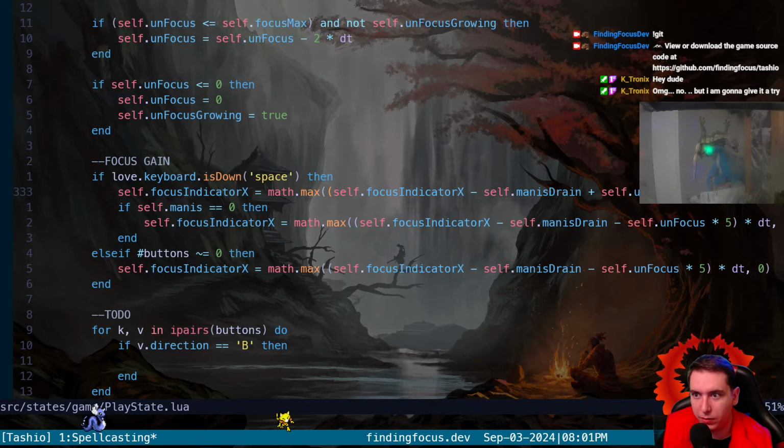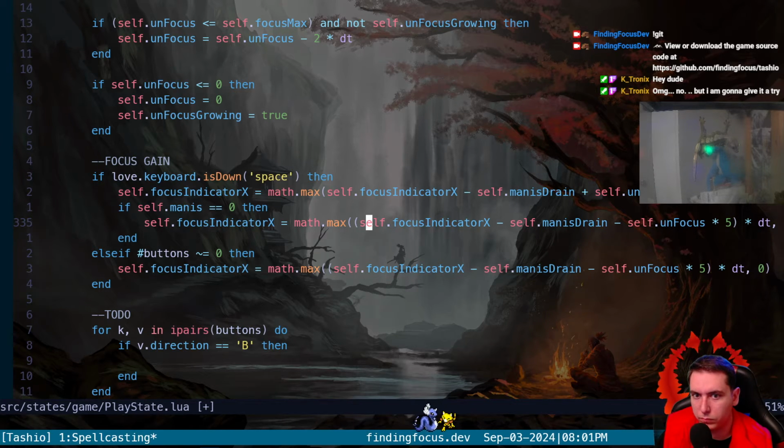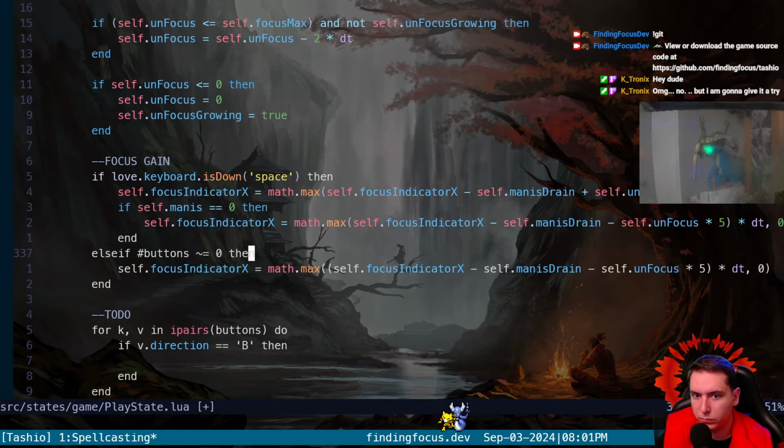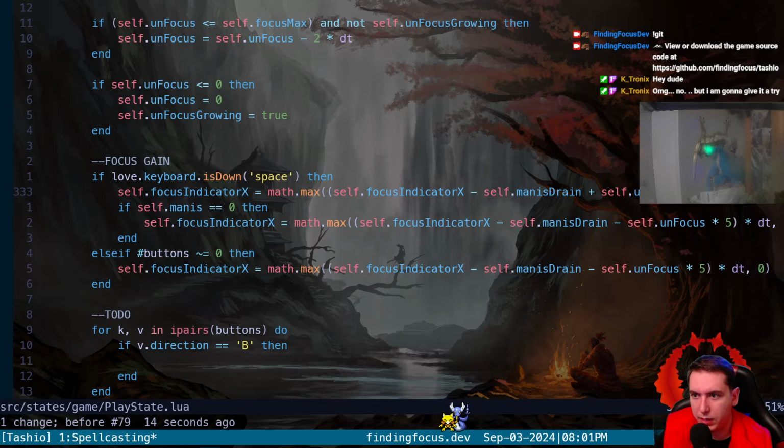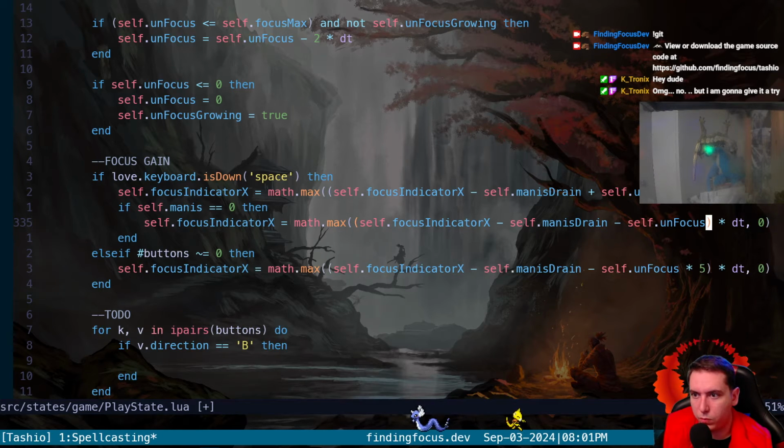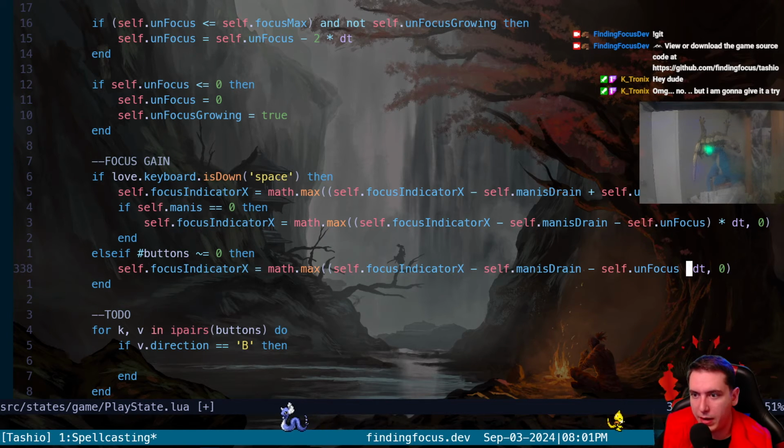Yeah, it doesn't really matter. The delta time's crushing it. You know what? No, I think we keep the delta time. Let's get rid of the constants here, and we'll just modify outside the delta time.